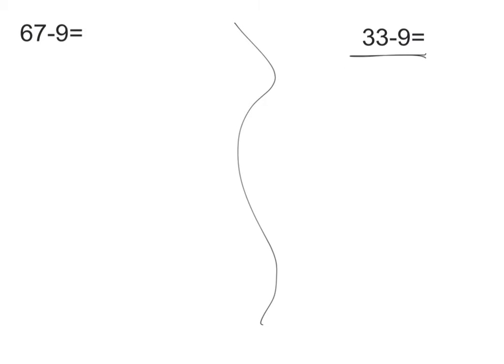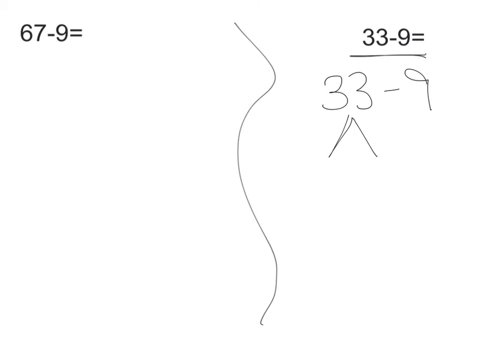So just like I did before, I'm going to take 33 minus 9. So in my last slide, I split up my tens and my ones so that I could more easily solve the problem. Now I know 33 can be split up into so many different ways.